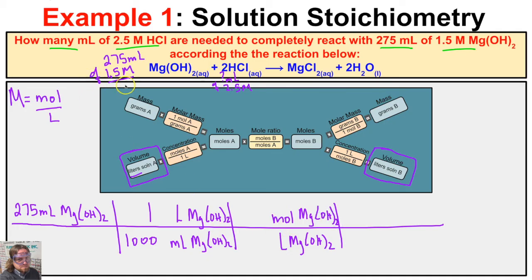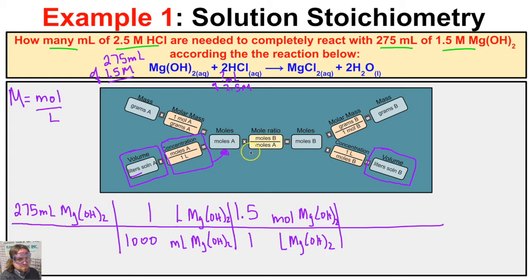That's 1.5 moles for every 1 liter. That's what this unit means, moles per liter, and that brings us to this step.